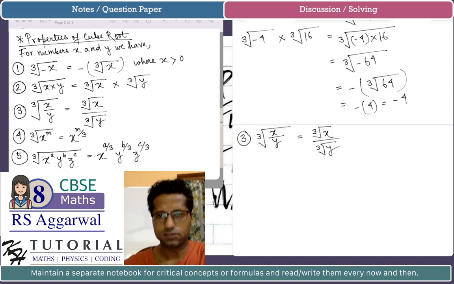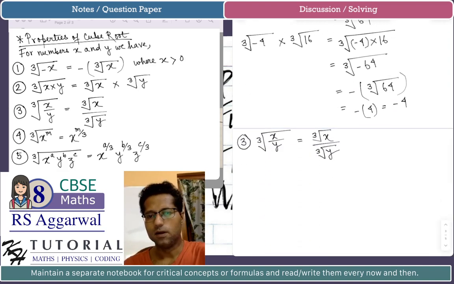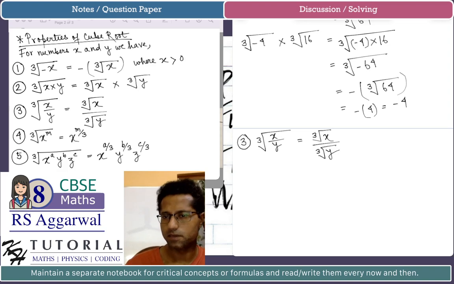Now, similar to property number 2, sometimes you will have to convert from the left hand expression to the right hand expression, and vice versa, depending on the values of x and y.